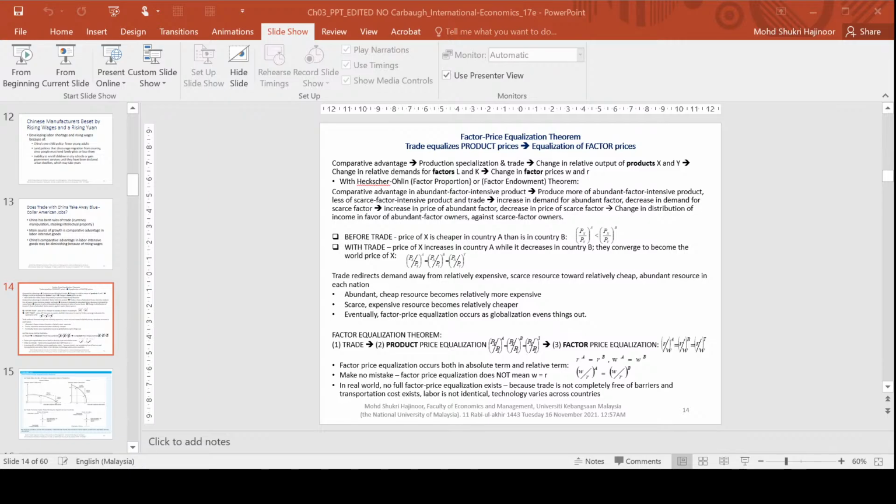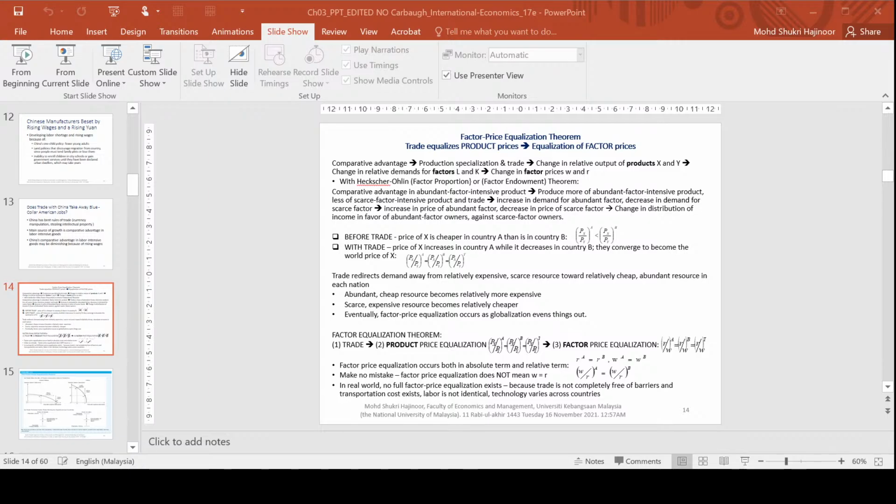The Stolper-Samuelson theorem, extended by Stolper-Samuelson, says that an increase in the price of a product through trading, because of specialization. Same thing. I'm repeating the same thing three times.